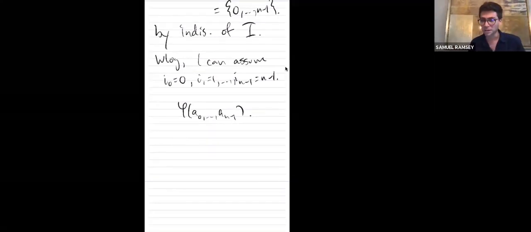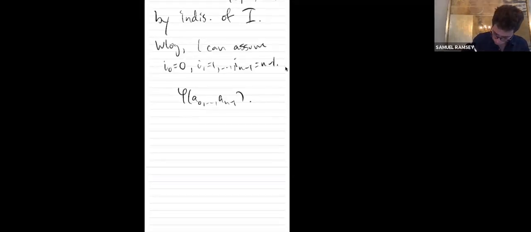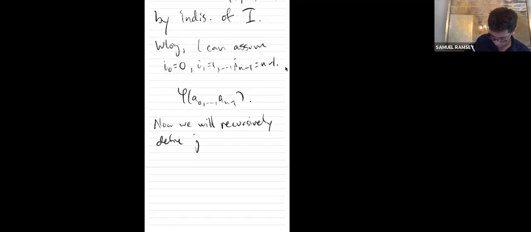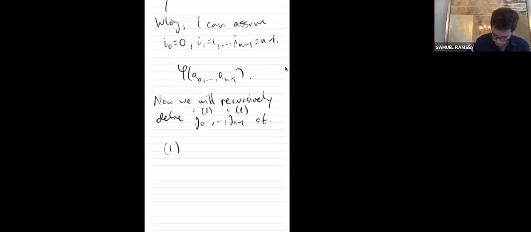So now we're going to do something kind of tricky. So now we will recursively define j_0^L through j_{n-1}^L such that a few conditions are going to be satisfied. So the first one is just that when the superscript is 0, I've done nothing.